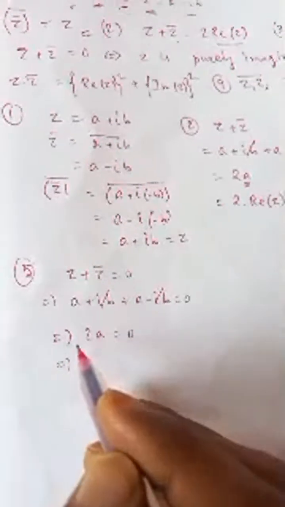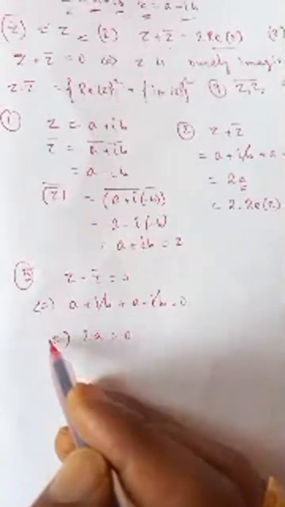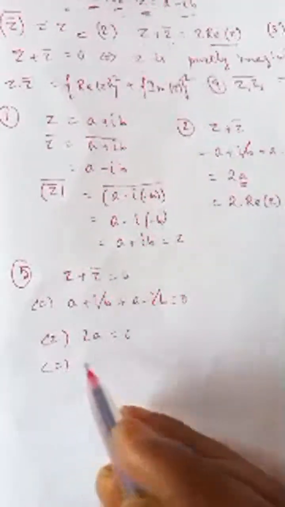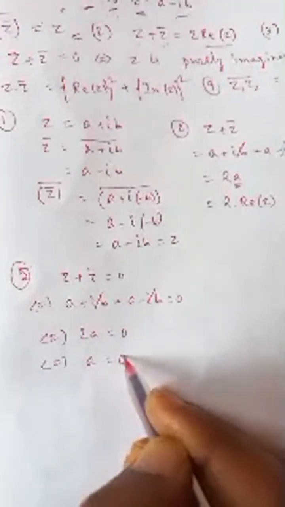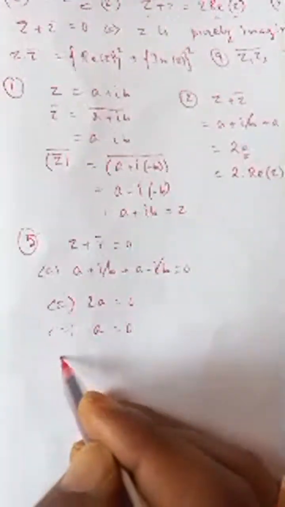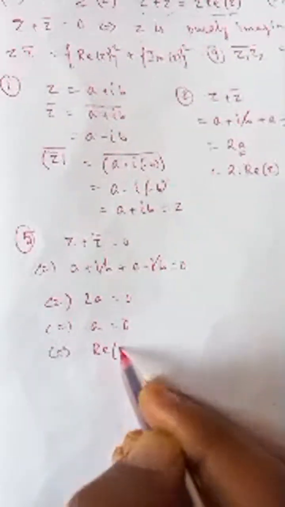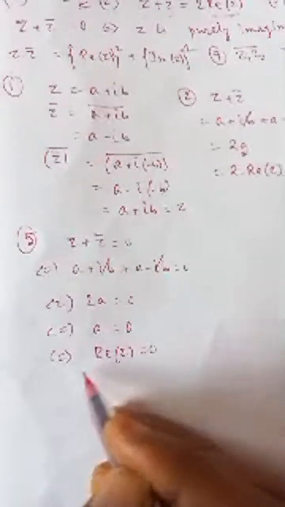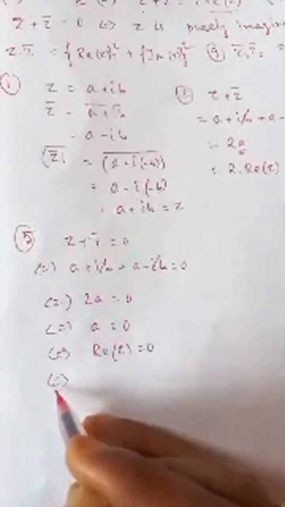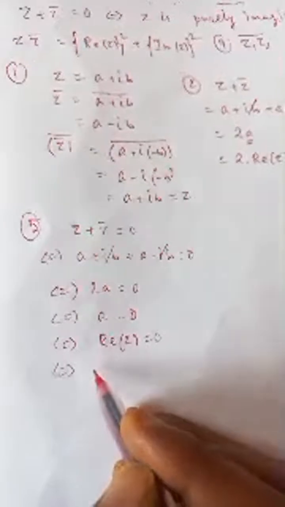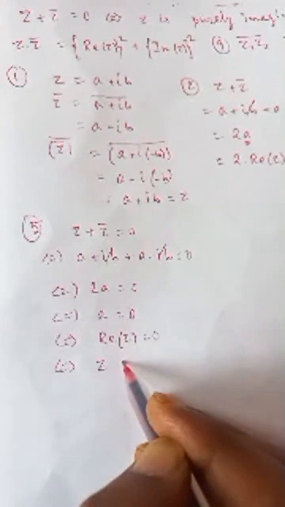So a is equal to 0, means real of Z is equal to 0. So both sides imply that Z is purely imaginary.